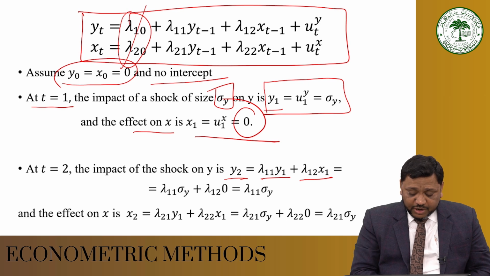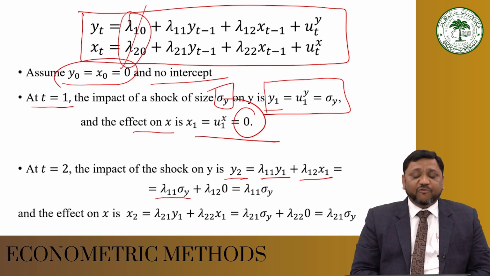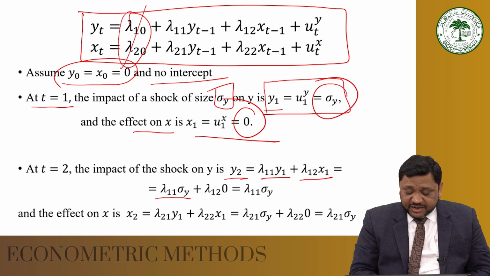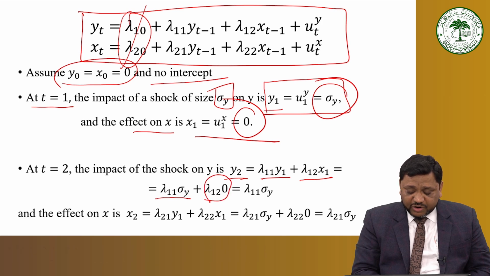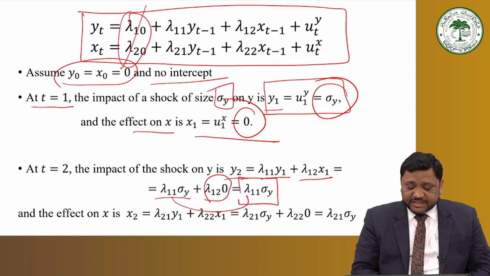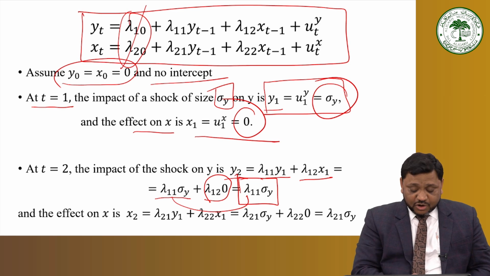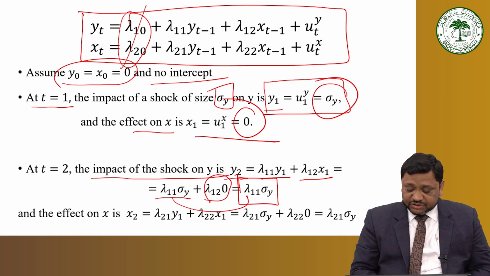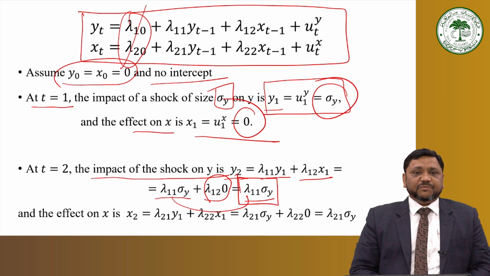Now this is equal to lambda 11 sigma y, because y1 is sigma y, plus lambda 12 times 0. So what we are left with is only this term, that is, the impact of the shock on y at time period 2 is equal to lambda 11 sigma y.